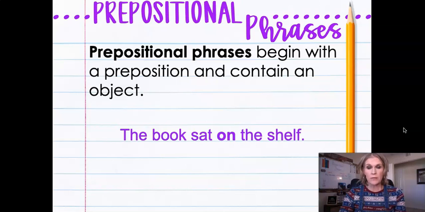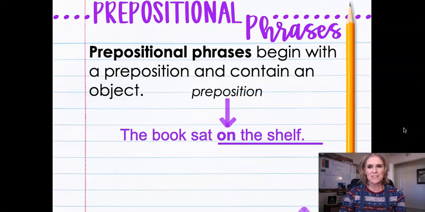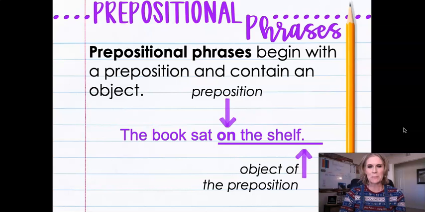The shelf. So shelf is the object of the preposition. On and shelf and all the words in between make up the prepositional phrase. On the shelf. Starts with the preposition, ends with the object, all the words in between make up the prepositional phrase. Preposition, object of preposition.